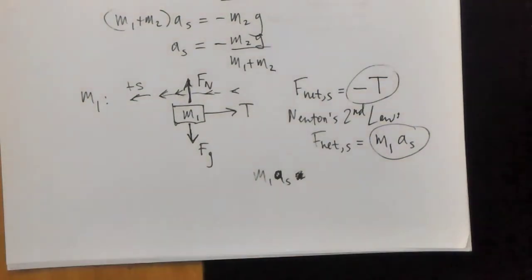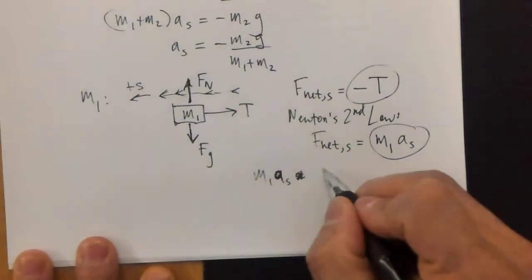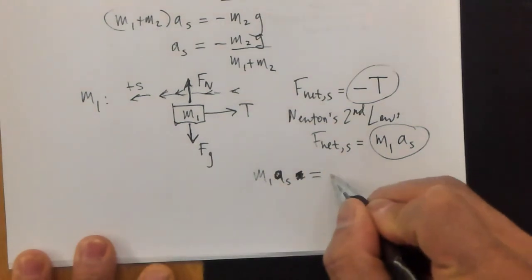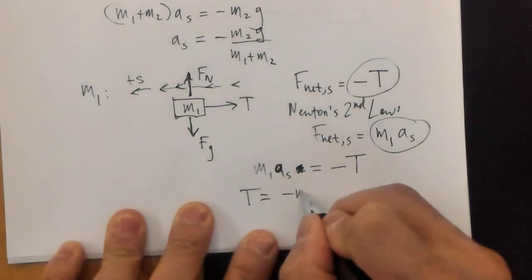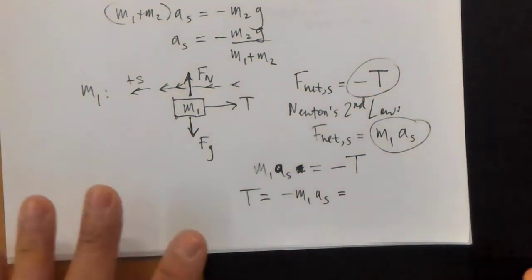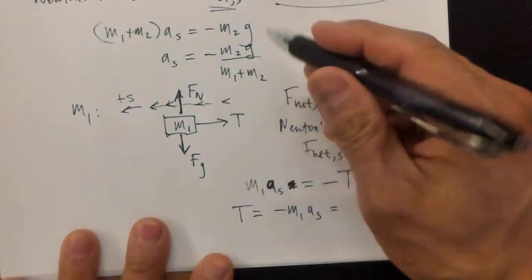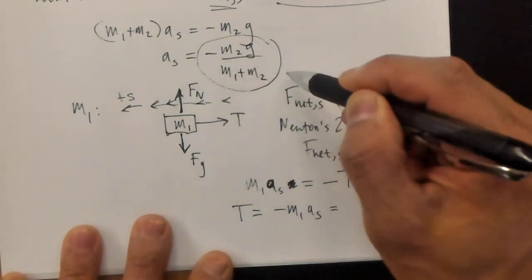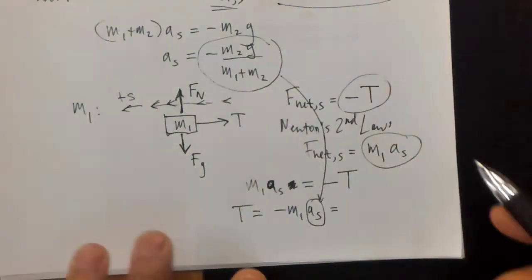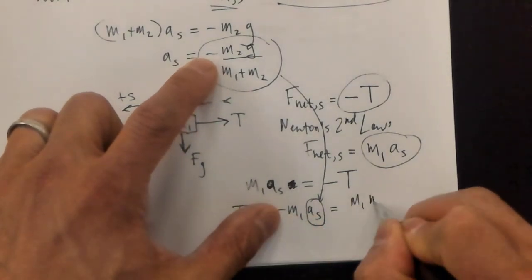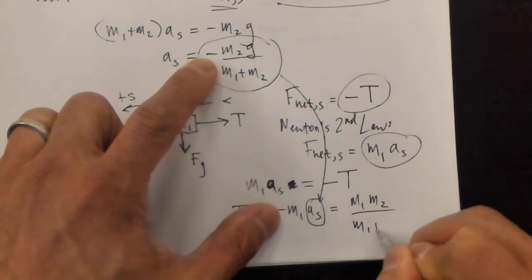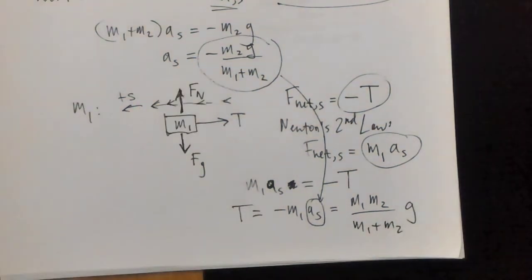I'll just continue the way I was going to write it: m1 a_s is equal to negative T. So T is equal to negative m1 a_s, but we solved for a_s up here. We have a formula for a_s, so let's bring that in here. And so the minus signs cancel. I have m1 times m2 over m1 plus m2 times g. Any questions about this?